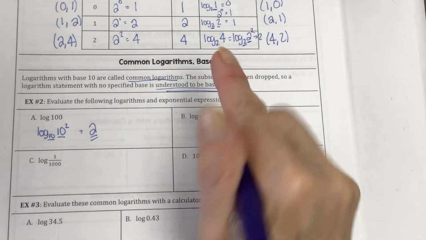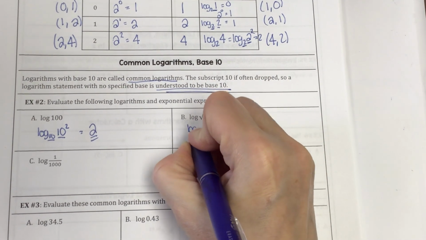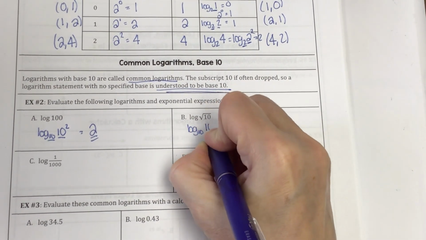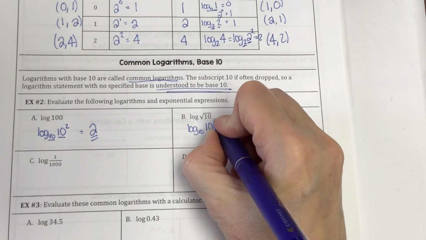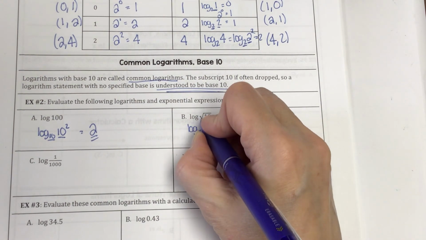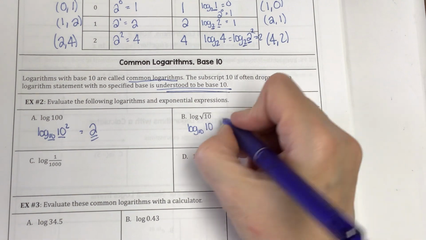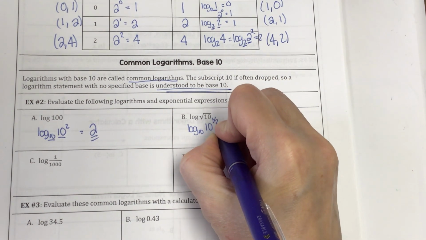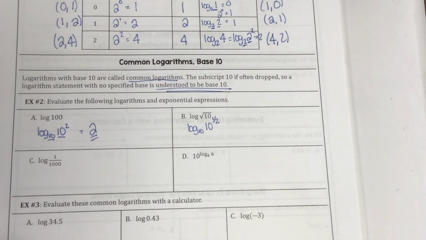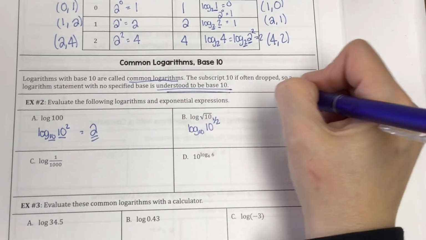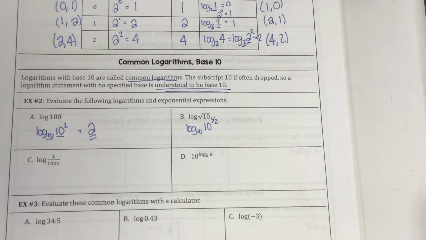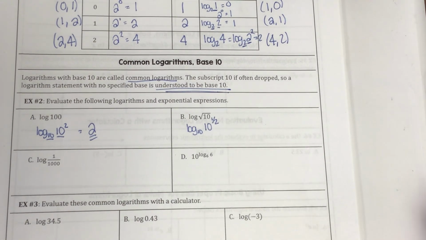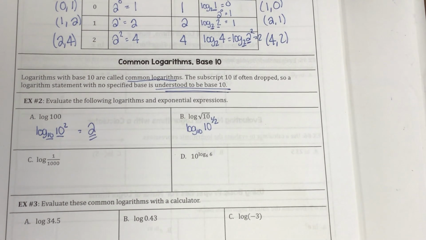When you think of this one, this is log base 10 of 10 to what power? What's the square root in terms of a rational exponent? Remember, the square root is just to the 1/2 power. The cubed root is to the 1/3 power, yes? Remember going from radical to rational form?